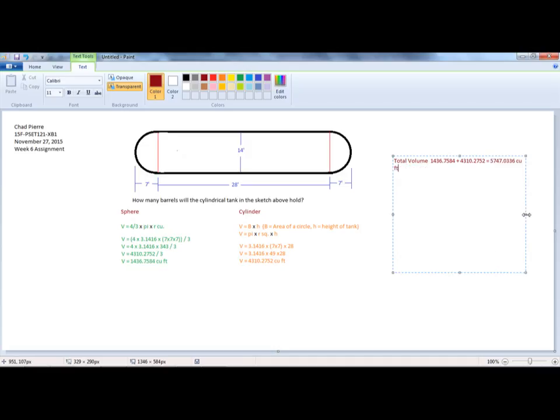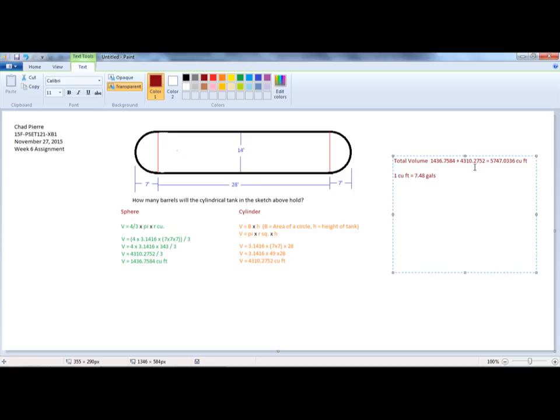But are we done? It's not asking for cubic feet, it's asking for barrels. So we have to do some conversions. We know that 1 cubic foot is equal to 7.48 gallons of liquid. So that's a simple computation.